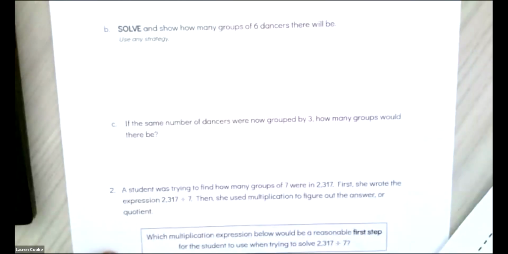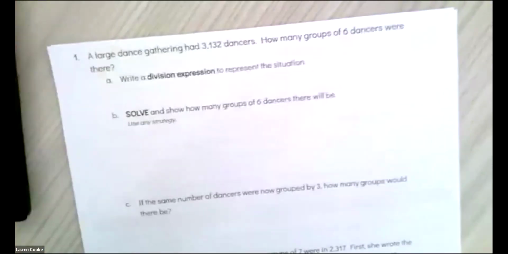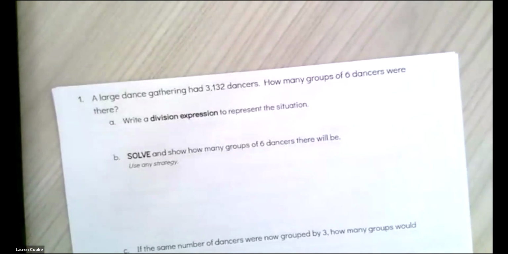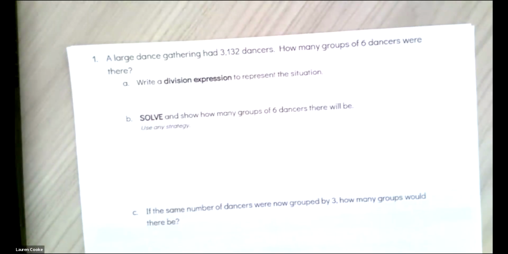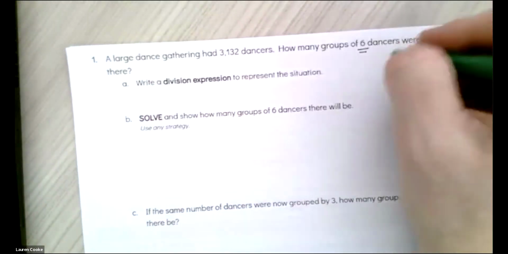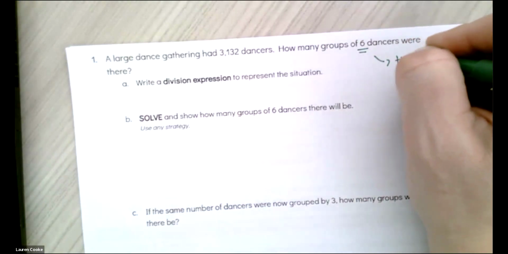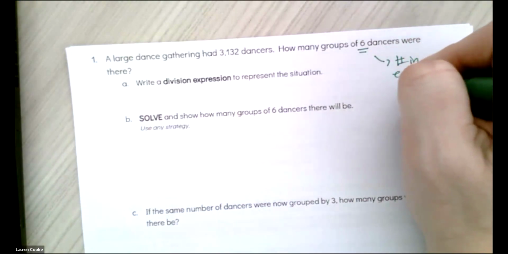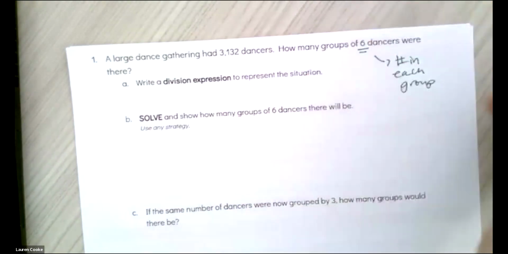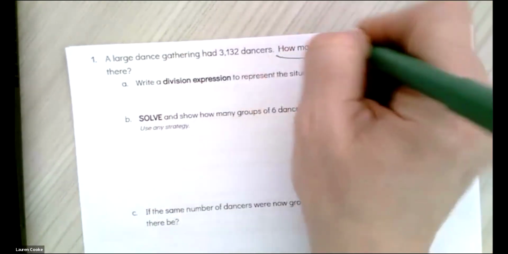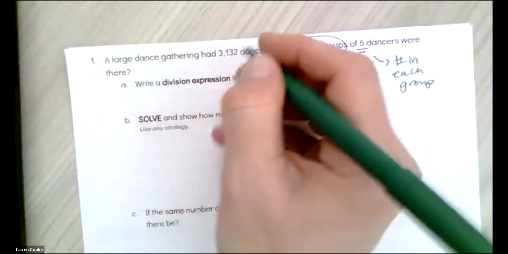All right, so let's see what we've got working on here. A large dance gathering had 3,132 dancers. How many groups of 6? So now we know the number in each group, and we are asked to find the number of groups. So we want a division expression.